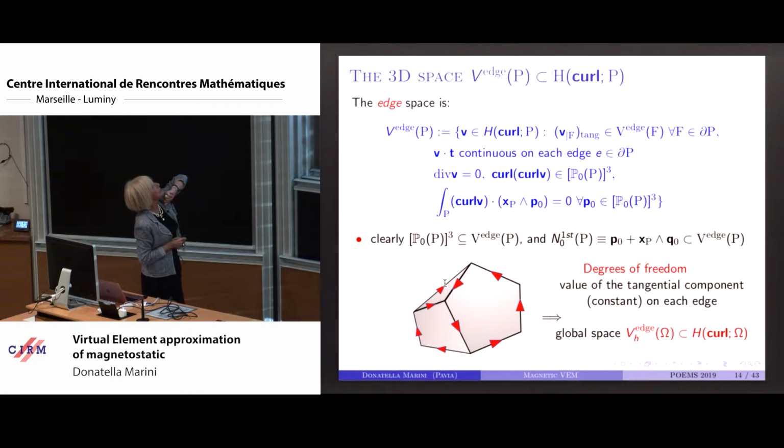Then the edge space, which has to be a subspace of H curl. Now, the definition is complicated, but the degrees of freedom are not. Indeed, the definition is that one.